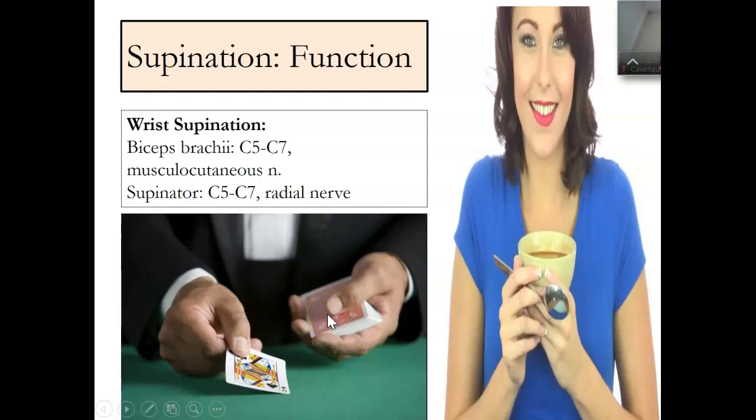As he flips the cards over from the deck, you visualize doing that. You can just do that with your hands right now. He's flipping it over from pronation to supination. He's supinating every time he deals one of those cards face up. So as that Queen of Hearts comes from here, flipping it over to there, he's supinating.